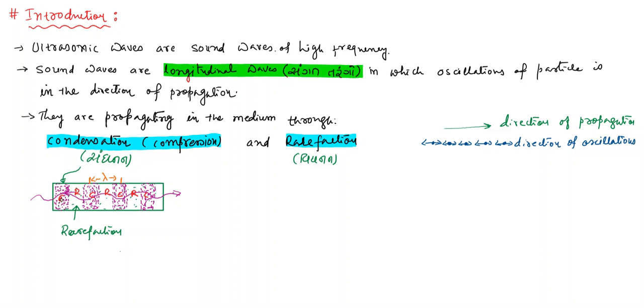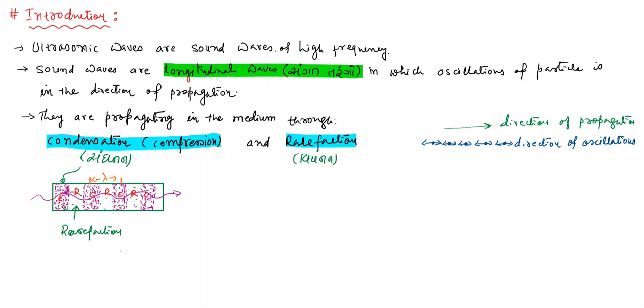The region where particle density increases is known as the condensed region, or condensation. Where few particles are available, that region is known as rarefaction. Again we get condensation, rarefaction, condensation, rarefaction.